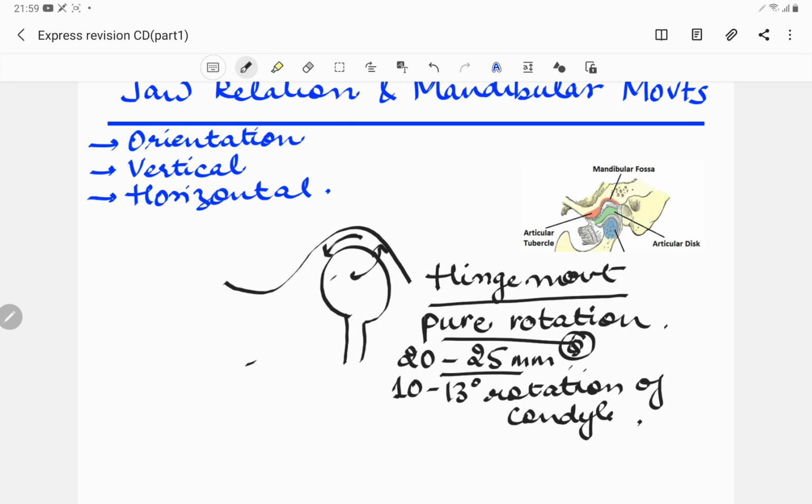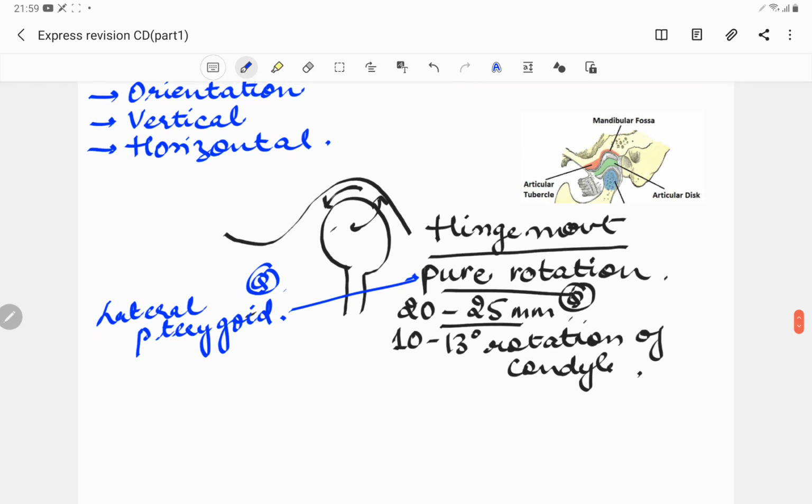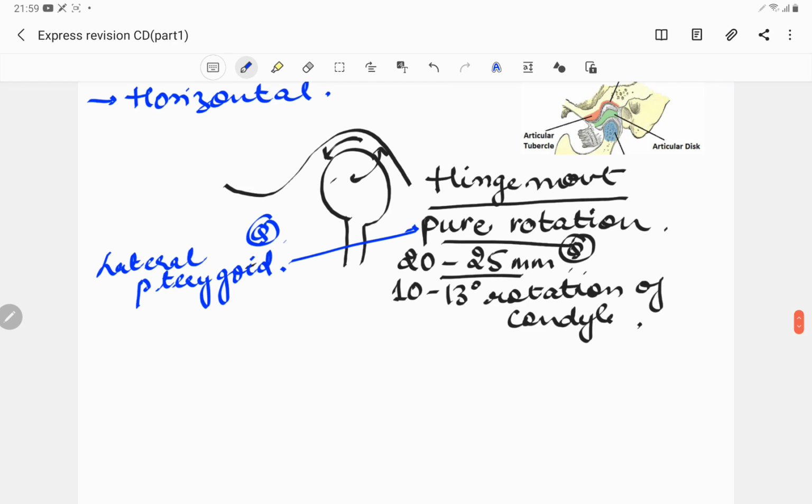This pure rotation movement is due to the lateral pterygoid. As we know, all of the muscles of mastication close the mouth except the lateral pterygoid, which will open the mouth, right? The lateral pterygoid we'll cover in the anatomy videos. So the lateral pterygoid is doing the pure rotation movement or the hinge movement.